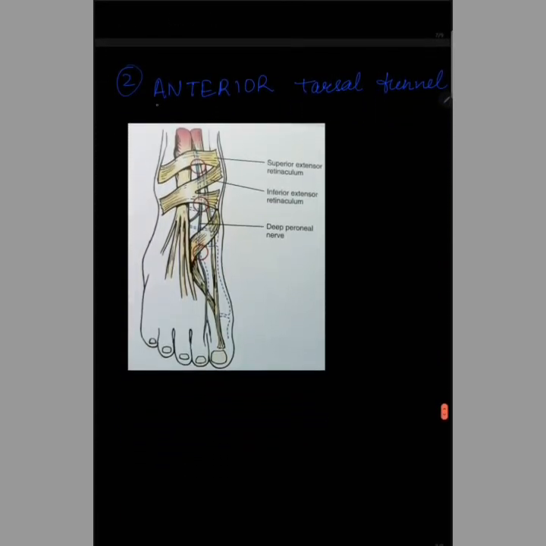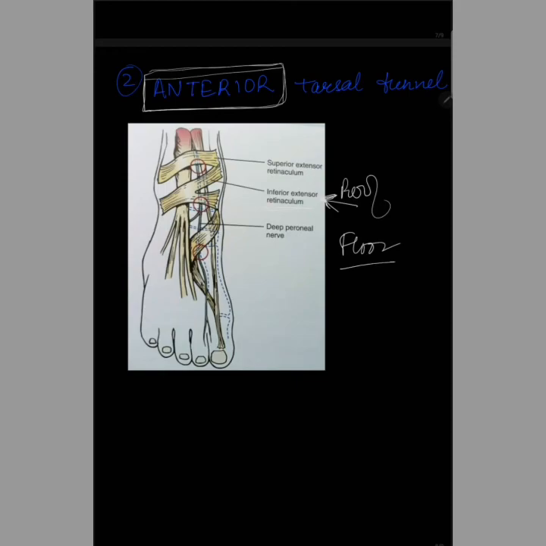Secondly, there's another term called anterior tarsal tunnel syndrome. What we studied was the posterior tarsal tunnel. Now there's another thing known as the anterior tarsal tunnel. It is the flat space present in the anterior part of the foot, the roof of which is formed by the inferior extensor retinaculum, and the floor is formed by the fascia overlying the talus and calcaneum.